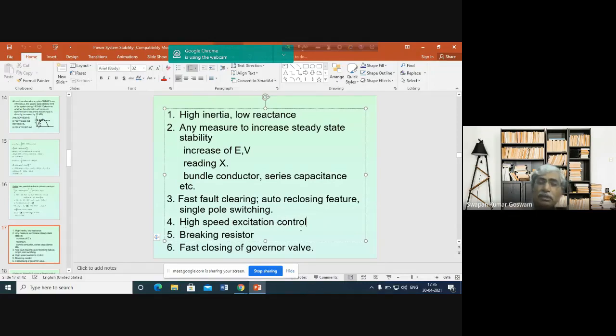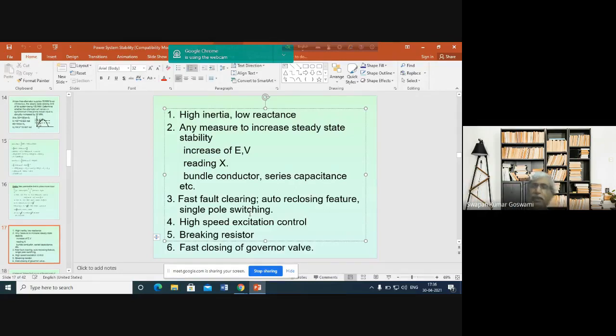Not only the transient stability, I have already mentioned this high speed excitation control while we started the discussion of stability. Then I mentioned that these excitation controllers are responsible for the problem of dynamic stability. That means the problem of dynamic stability in power systems is due to the fact that excitation controllers are there.